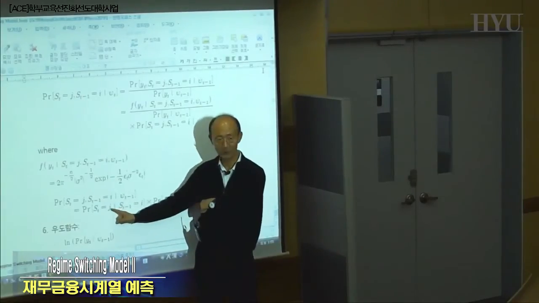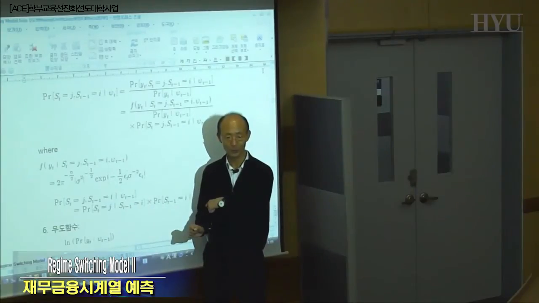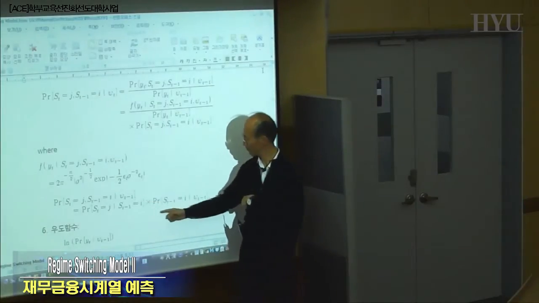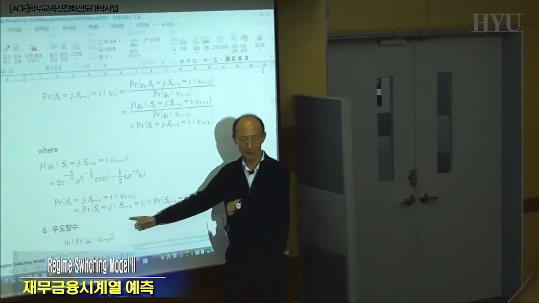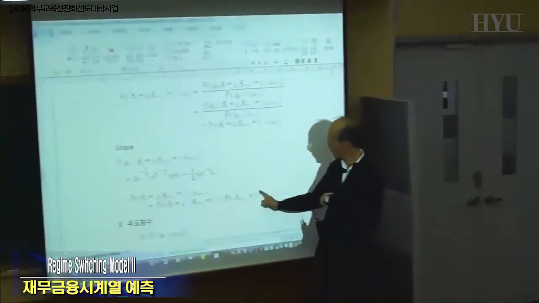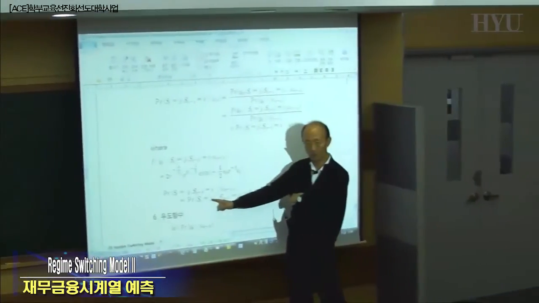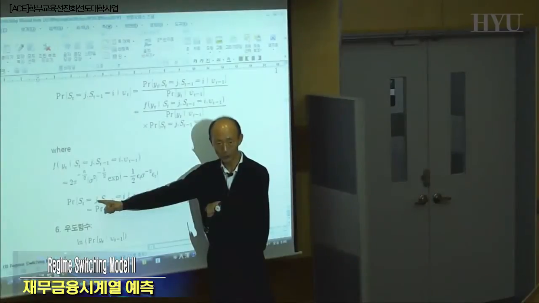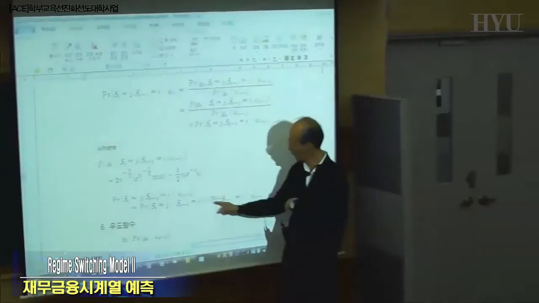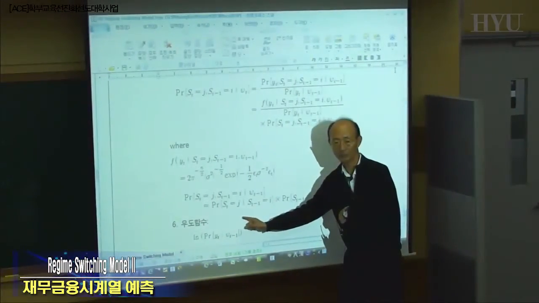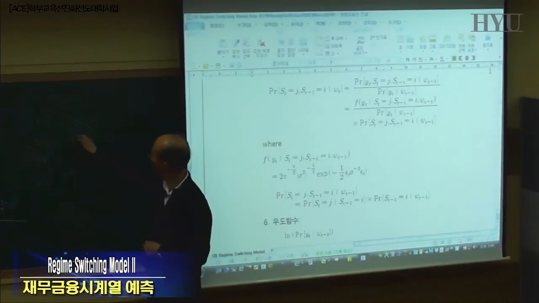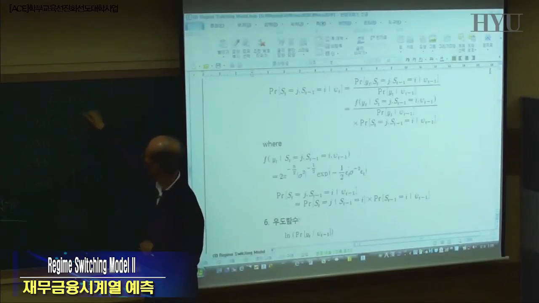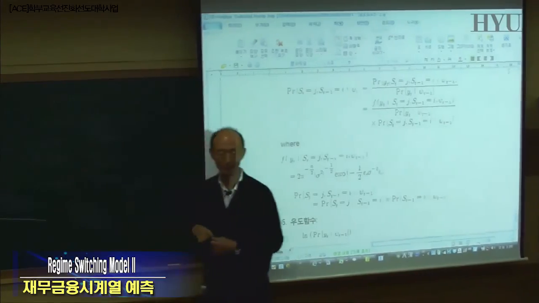If it is 0, 0, then that probability is Q. So you start from here, and this could be either P or Q or 1 minus P or 1 minus Q. If this is 1 and this is 0, just switching, then in that case this probability times 1 minus P. The transition probability from here to there is 1 minus P. This was P, this was 1 minus Q, and this was Q.